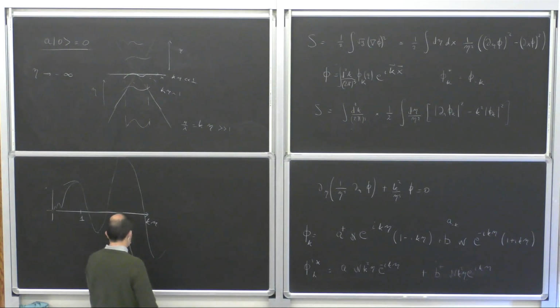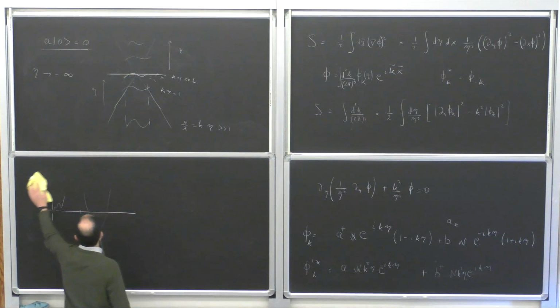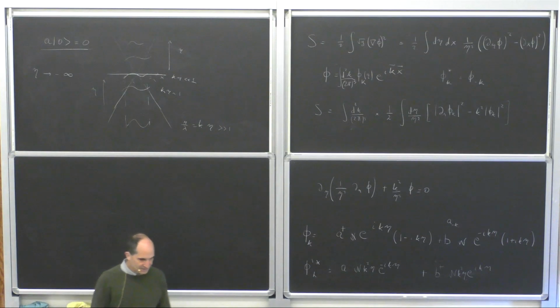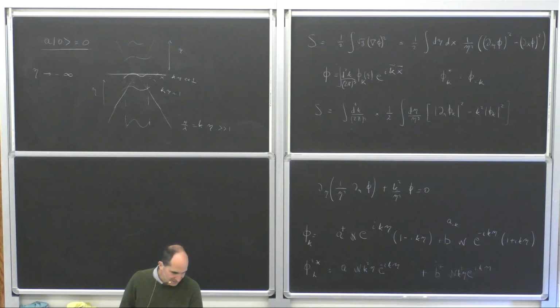now that we have said all this, we can calculate the two-point function in Fourier space.